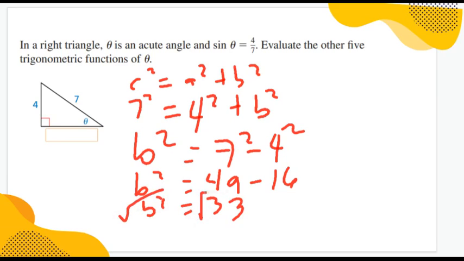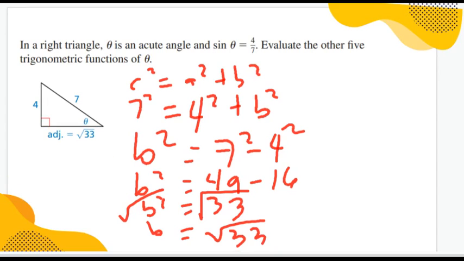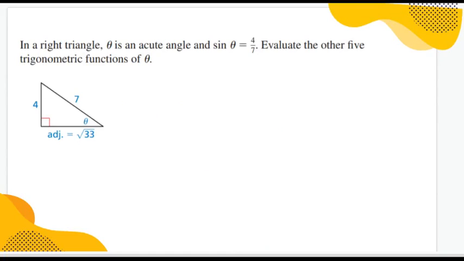Extract the square root of both sides of our equation. B is equal to the square root of 33, which means the value of our adjacent side is equal to the square root of 33. After we get the value of our missing side, we now identify the other five trigonometric functions.